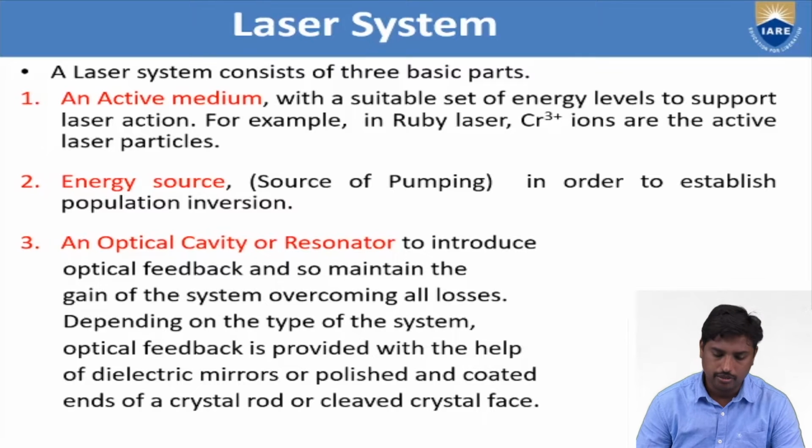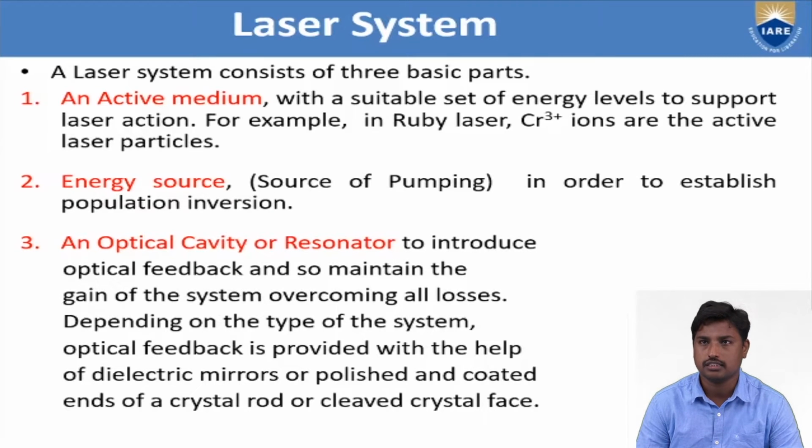Coming to the active medium, it has a suitable set of energy levels to support laser action. For example, the ruby laser, a type of solid state laser and the first invented laser, by T.H. Maiman. In the ruby laser, chromium particles are the active particles.